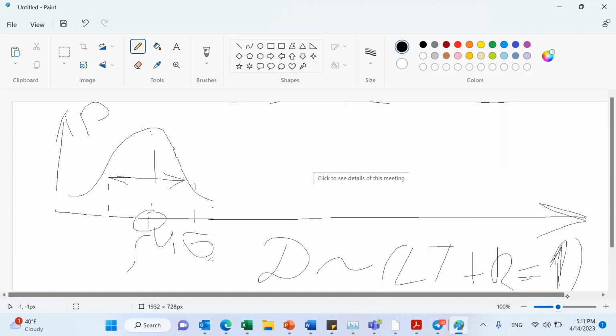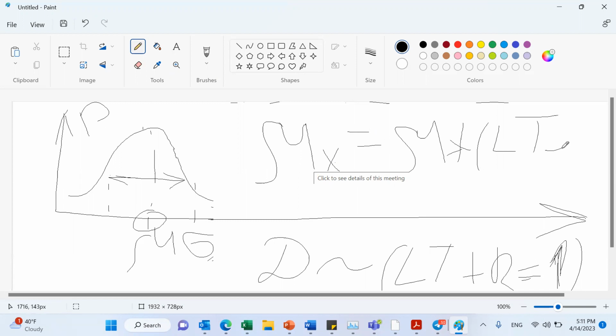So your new mean X is basically your regular mean, your regular average, multiplied by lead time plus R. Does it make sense?